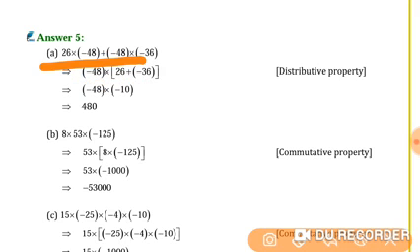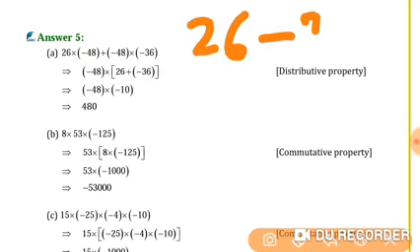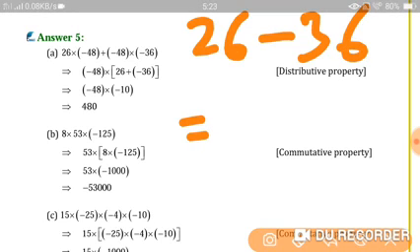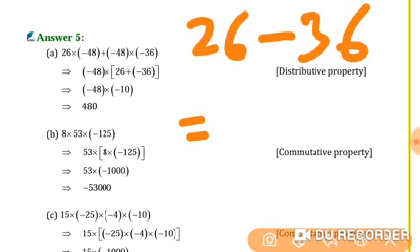So directly, 26 minus 36 is how much? Just subtract the numbers, then see the sign, because one is positive and one is negative. 36 minus 26 is 10, but because 36 is the bigger numeral, the sign is minus.